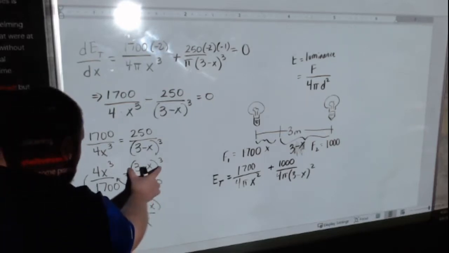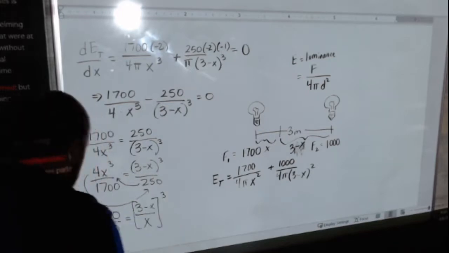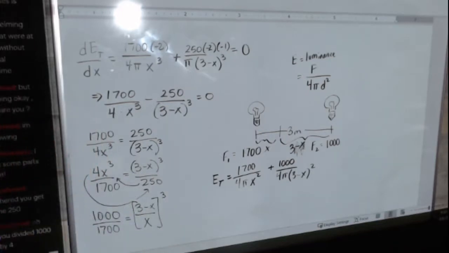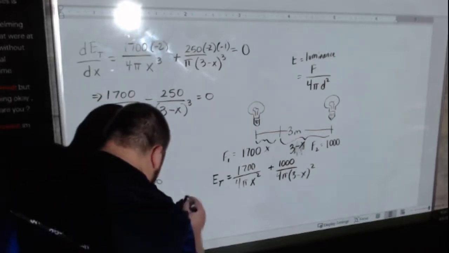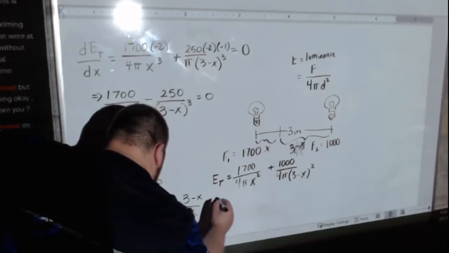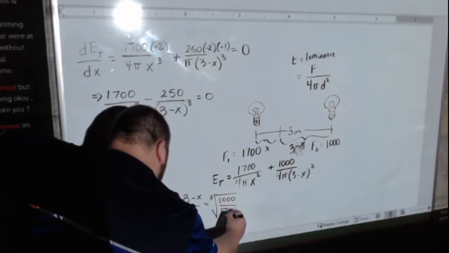Now the reason I do that is I've got this quantity cubed over x cubed, which means I can write it as both quantities cubed. Now if I do that, I can take the cubed root of both sides. So I have 3 minus x over x equals cubed root of 1,000 over 1,700.